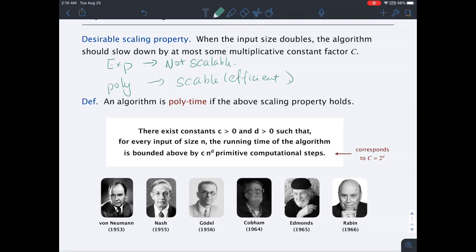So the question is why do we use polynomial time as our definition of being an efficient algorithm? The reason is pretty simple, because the family of polynomials is actually the minimum family that's closed under composition. Let me elaborate what I mean by that.